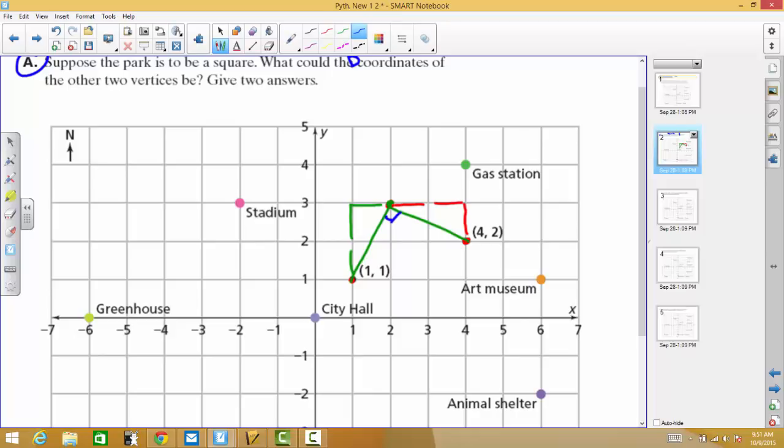You're going to learn in a little bit that perpendicular lines have opposite reciprocal slopes. We haven't got into slopes too much yet, so just take that and do nothing with it. Okay, perfect. So then the other one right here would be over 2 up 1 and over 2 up 1. So that is a lovely square. That's only one option. There are more.